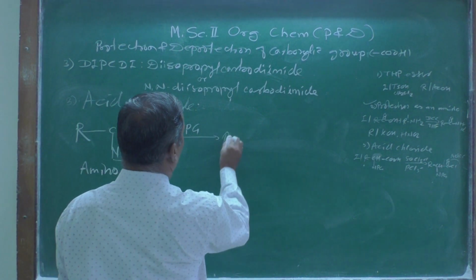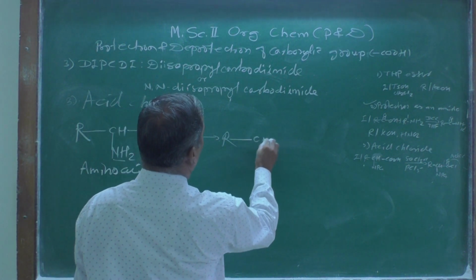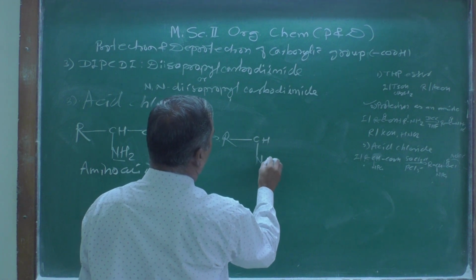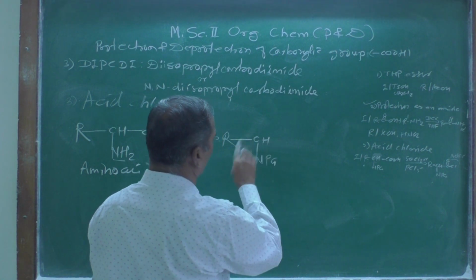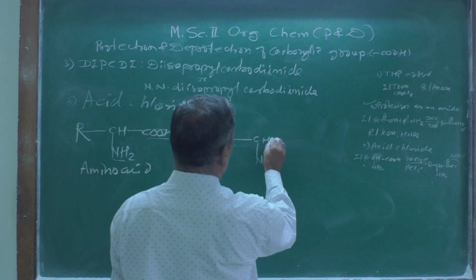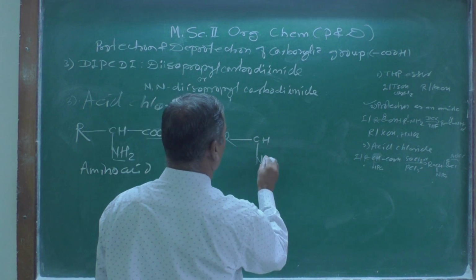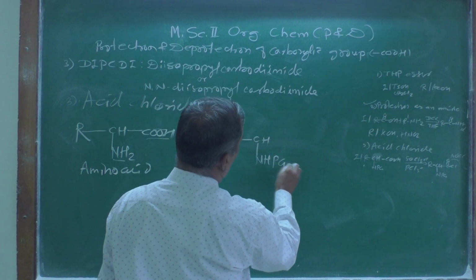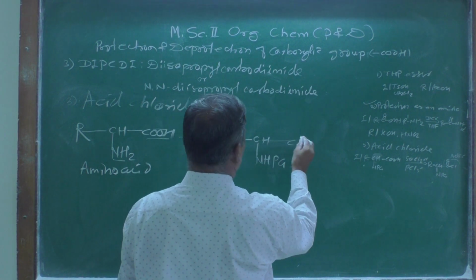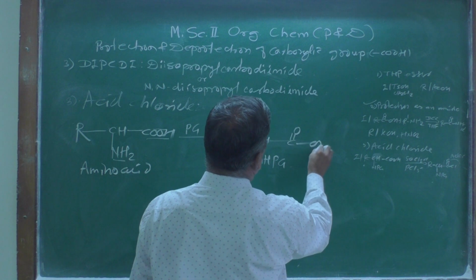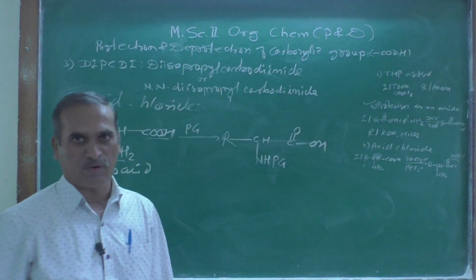Remember, so R, then CH, then N, PG, meaning the protecting group on the amino group, then NH, PG, and then C double bond OH. The carboxylic group is free over here.